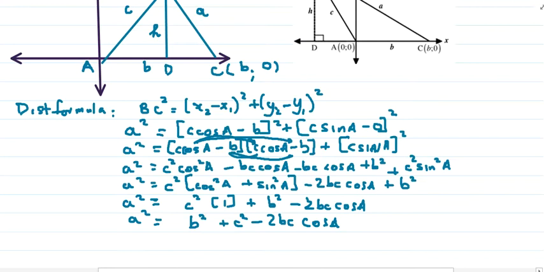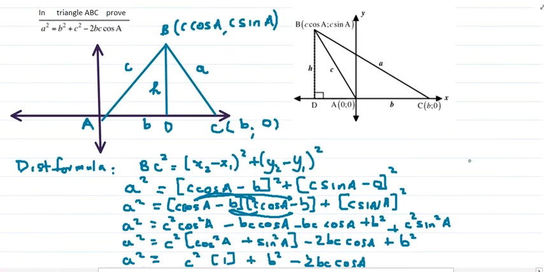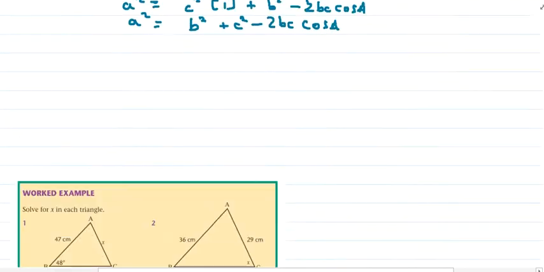And this is the proof of our cosine rule. So if you recall, we used our distance formula and then just applied it with the coordinates and simplified with our trig square identities and grouping to arrive at what we were given. If we go back, we were required to prove that a squared is equal to b squared plus c squared minus 2bc cos A.